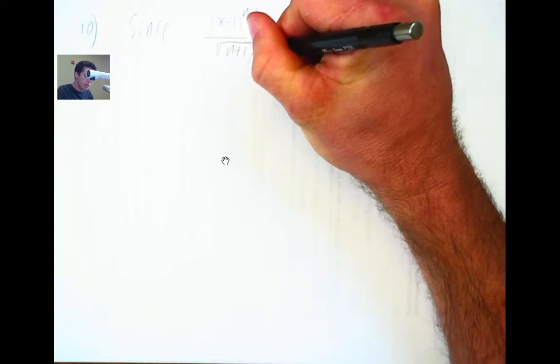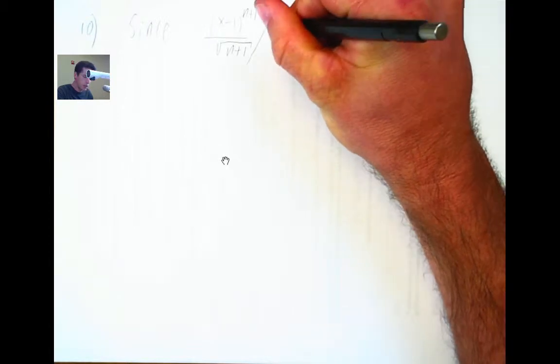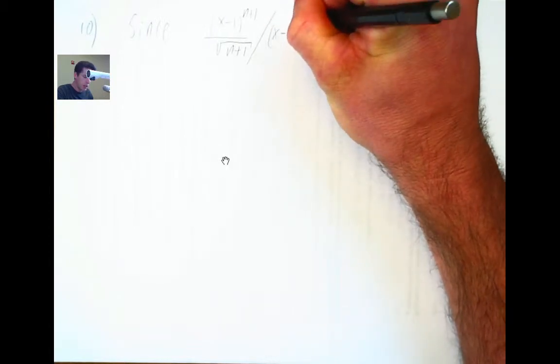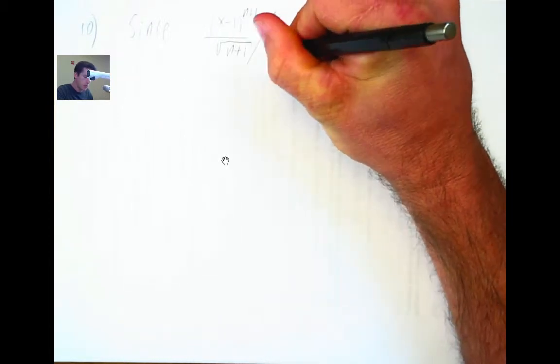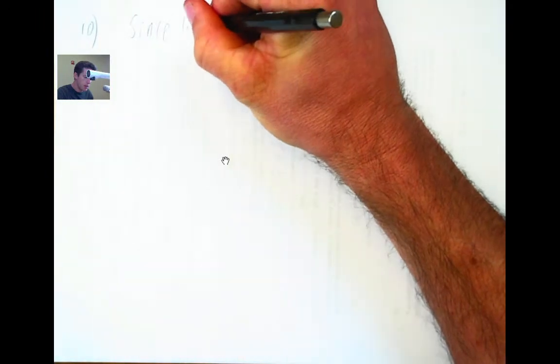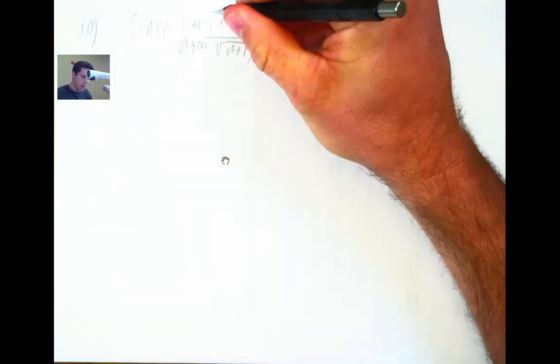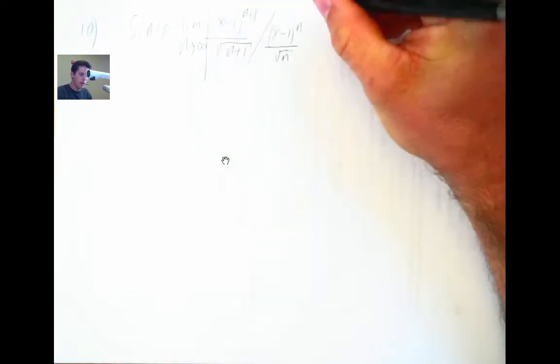I'm going to divide that by the nth term, (x minus 1) to the n over the square root of n. And I'm going to examine that in the limit as n goes to infinity with absolute values around it.